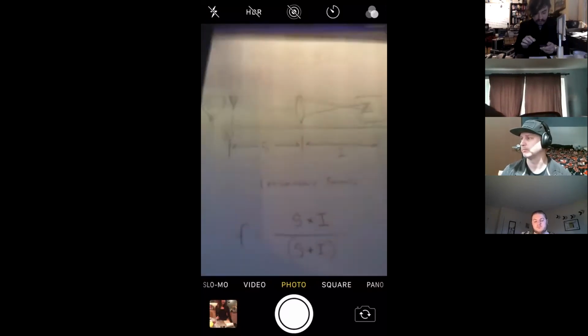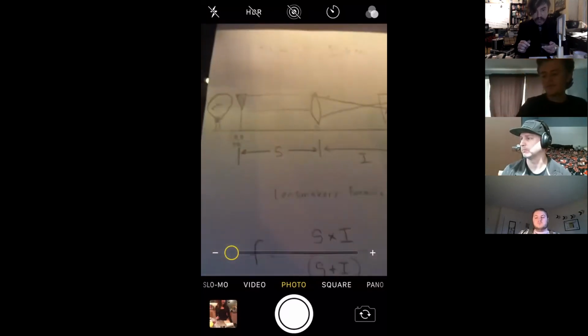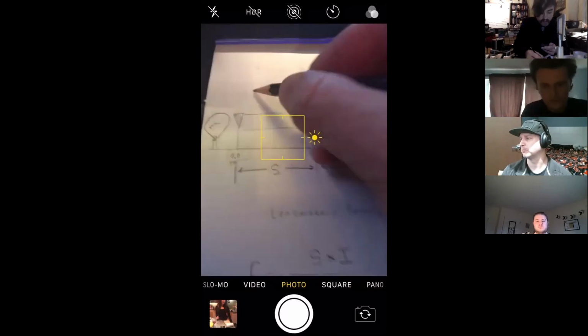We use the lens maker's formula when the source of light is a nearby source. A nearby source is one in which the source and the lens are close to each other, okay?